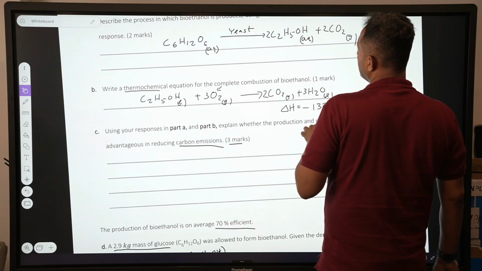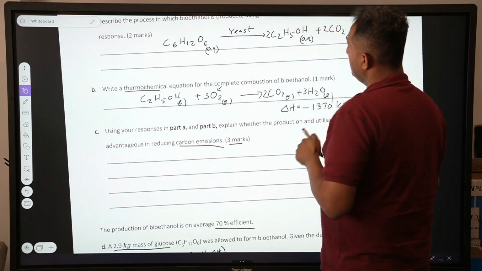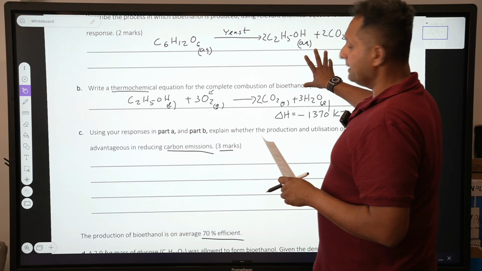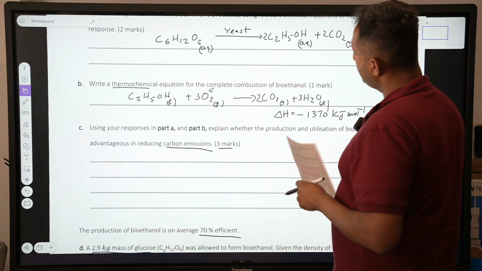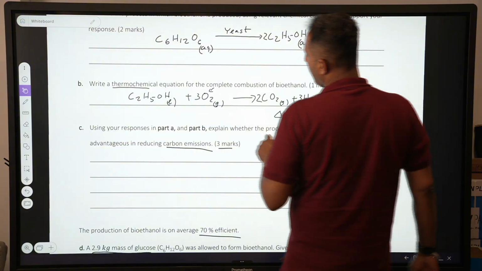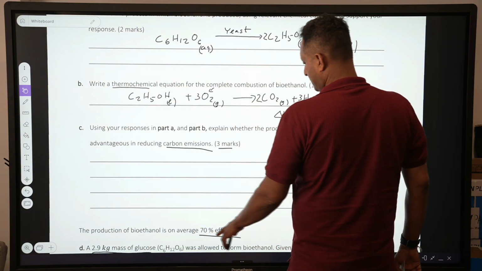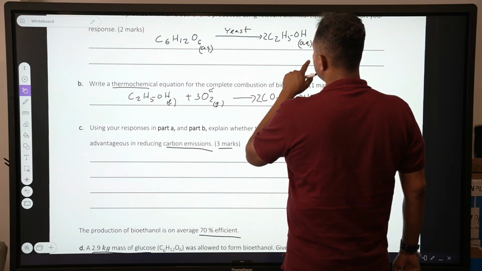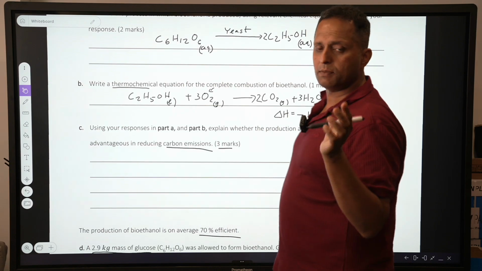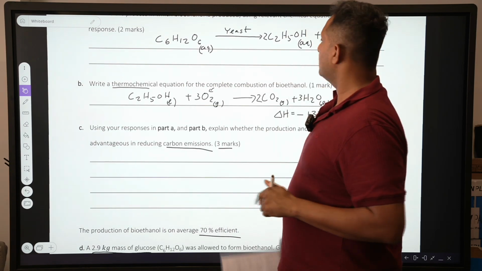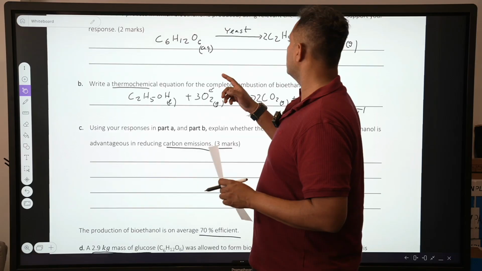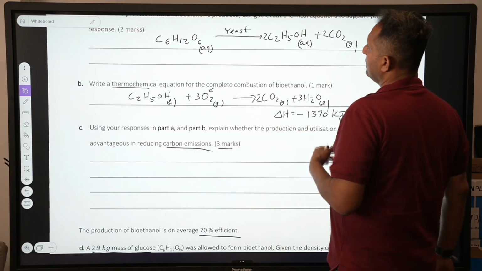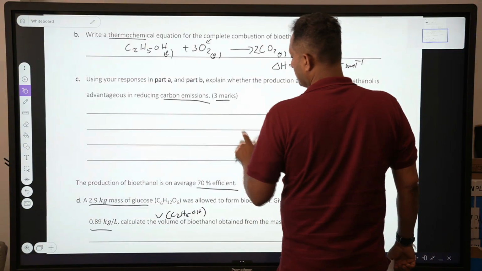If you know the number of moles, you can find the grams of ethanol, then you can use the density to find the volume. Now it is important that you include the efficiency in your calculation, because not all the glucose is going to become ethanol. Only 70% of that number of moles of glucose becomes ethanol. Is that clear? That's what it says, 70%. All right, let's try to do this question.